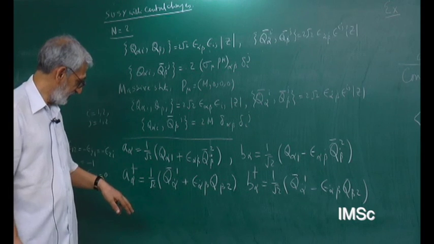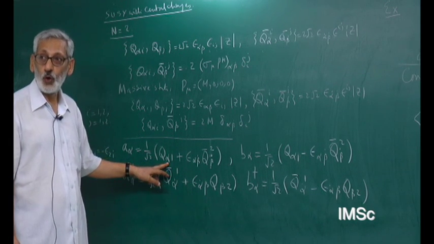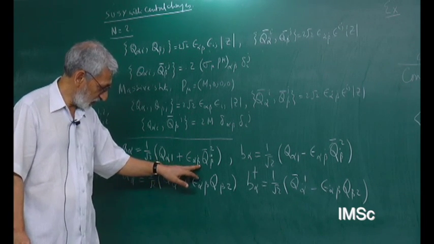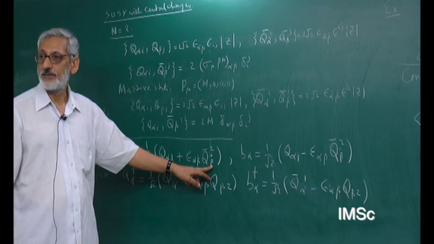On the other hand, if I take alpha equal to 2, then Q2 lowers the Jz spin by half unit, and therefore Q bar 1 dot lowers the spin.